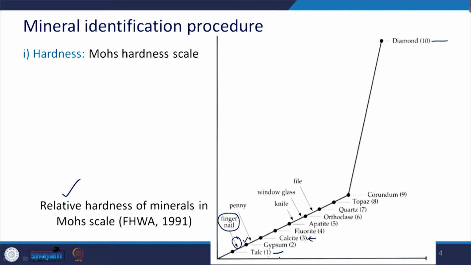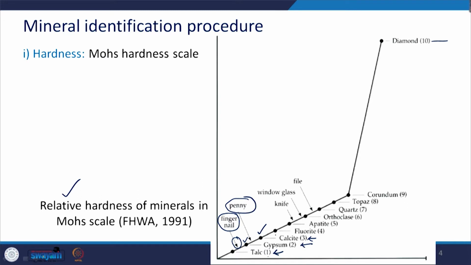That means calcite's hardness is more than that of gypsum and more than that of talc. In between gypsum and calcite we have the penny.